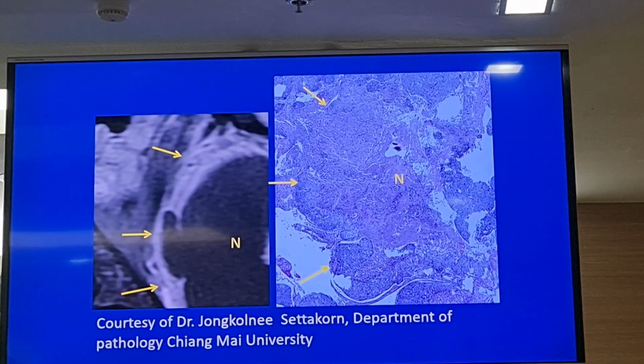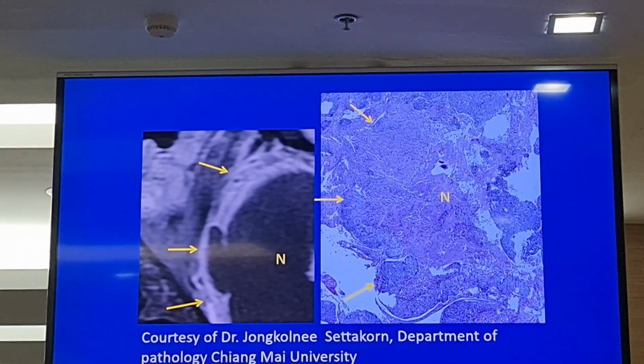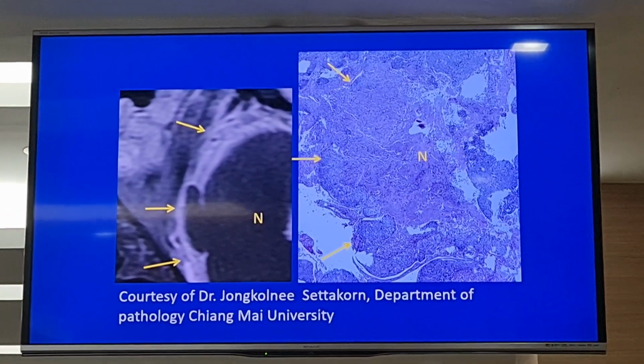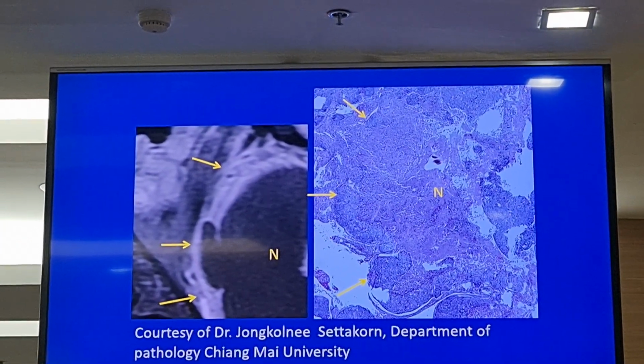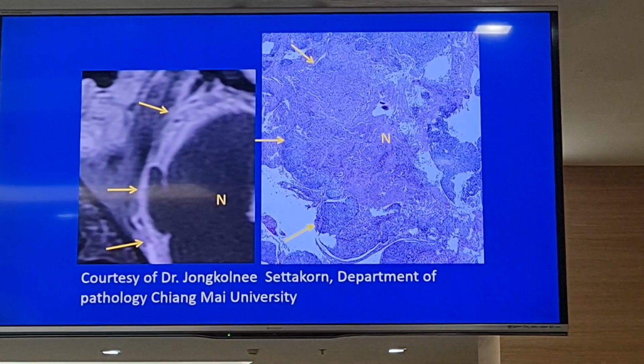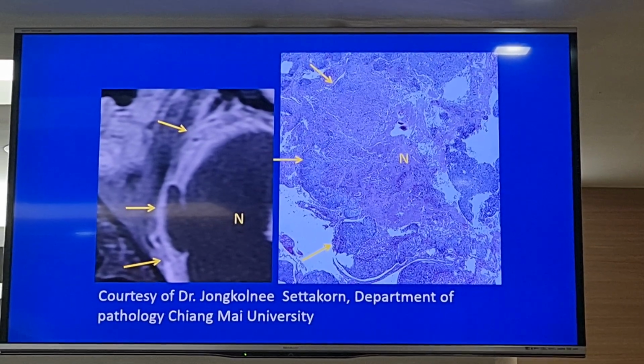Another area, this area is necrosis. So it looks like the slough of your skin. There's a forming mass, and this looks like abscess. So this is another area where infectious disease can be mixed up with a non-infectious process.